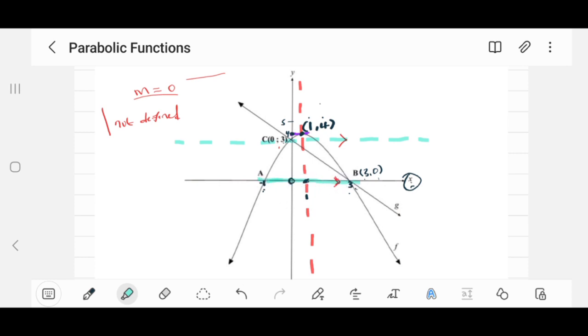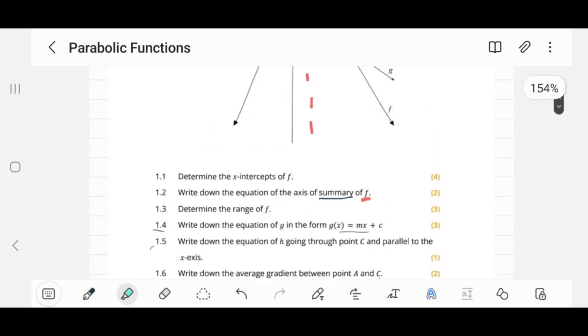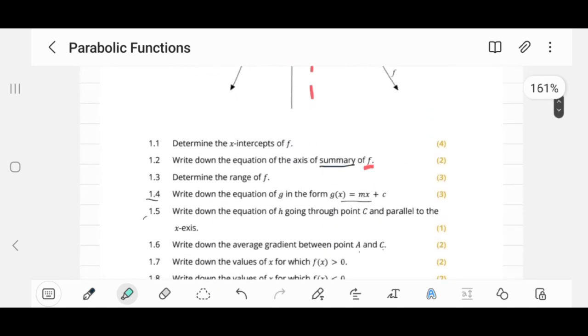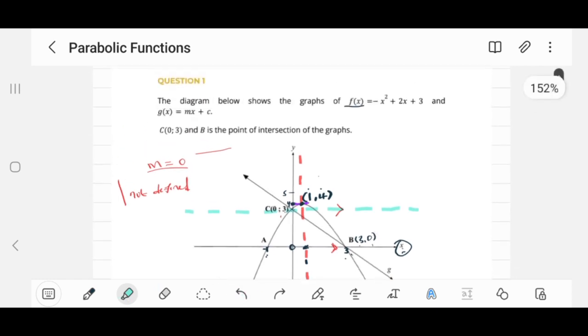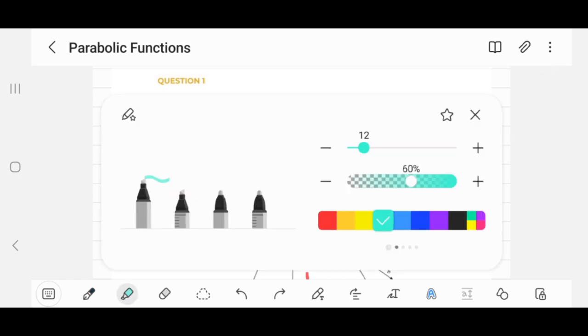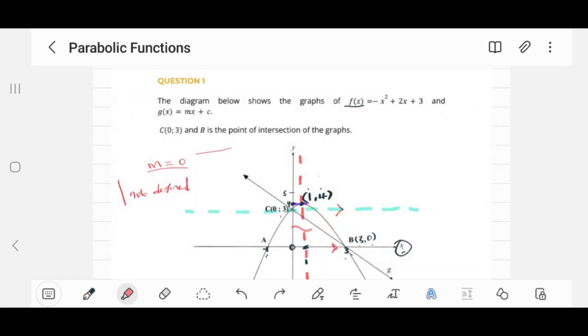If a person is walking from point A and point B, oh, not point A and point B, it's point C, isn't it? Oh, yes. I was about to say this one, the gradient is 0. But here, they are not looking for this one. This is the gradient they are looking for. They are looking how steep this is from point A to point C.